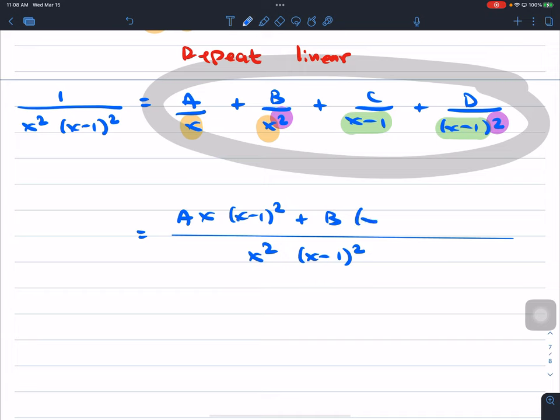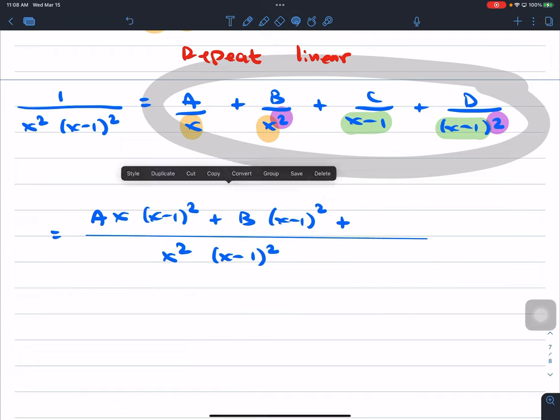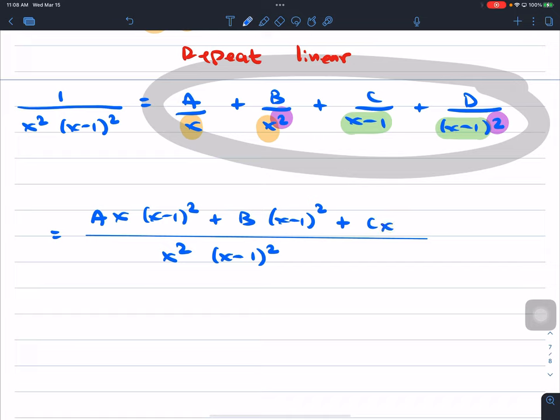Plus B, just x minus 1 squared. C, oh, we need a factor of x squared and another factor of x minus 1. And then D, that's just x squared here.